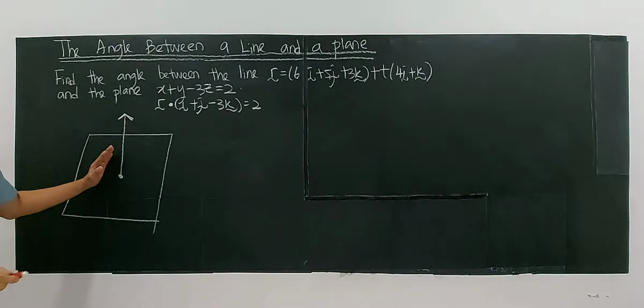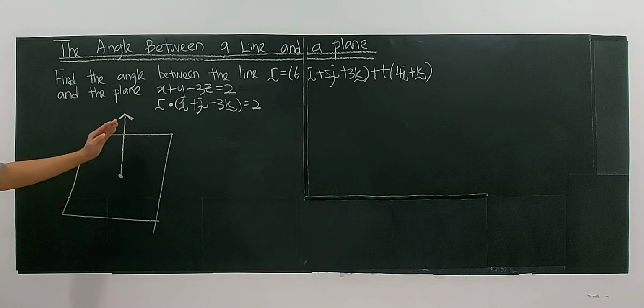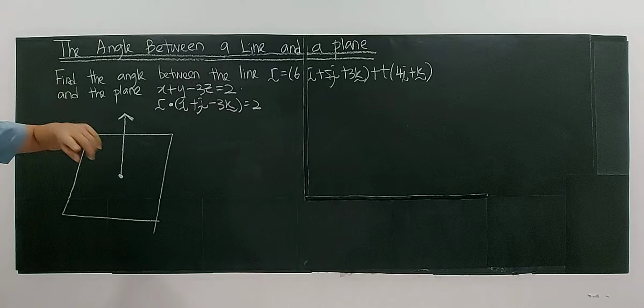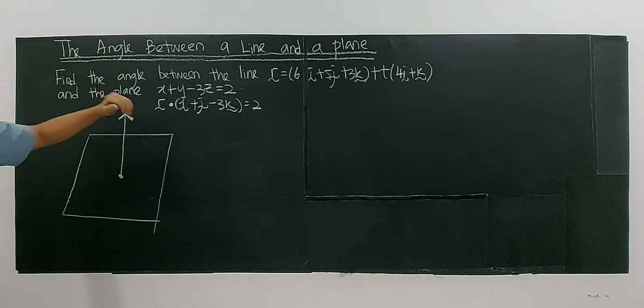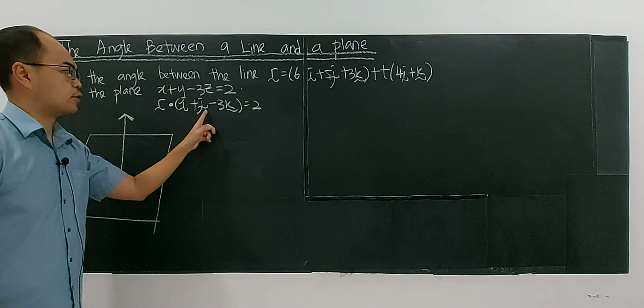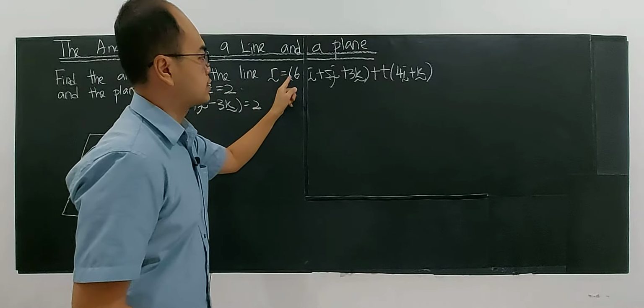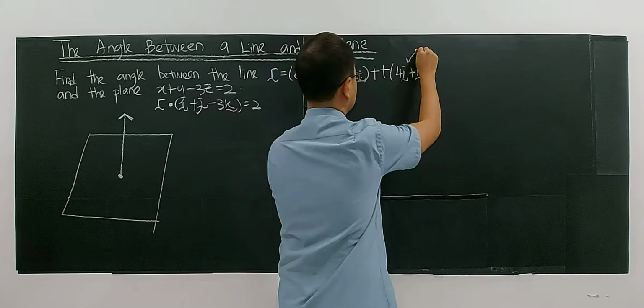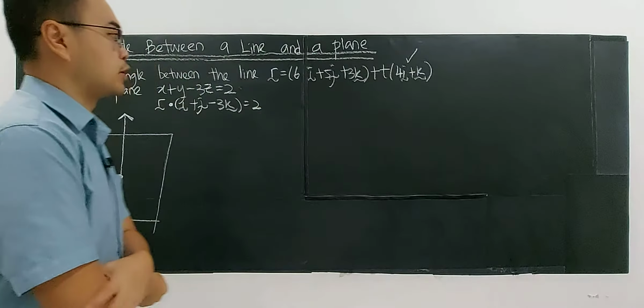I'll tell you why I need to know the normal vector. If I want to find the angle between the line and the plane, usually the direction of the plane, which is the normal, and the direction of the line will be very important information here.